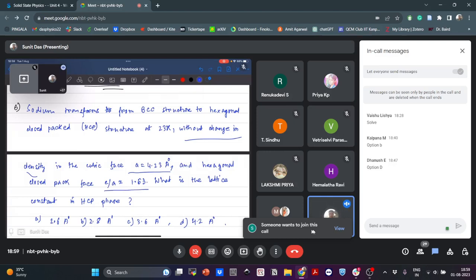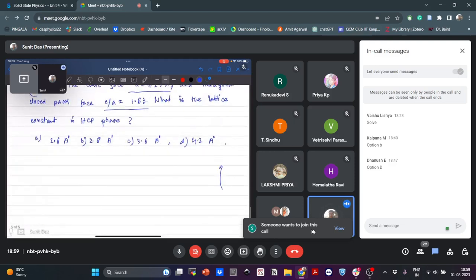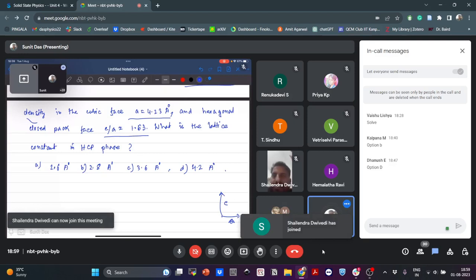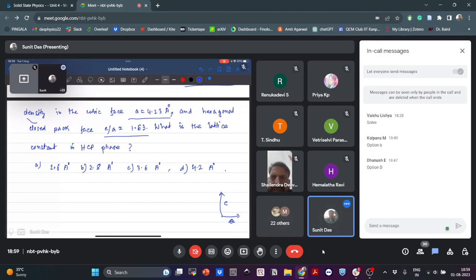What is c? c is this vertical dimension and a is this lateral or in-plane dimension. So that is the hexagonal close-packed structure. Now, what is the lattice constant in the HCP phase? That we need to find out. So please try this one. I think this is a nice problem. Finally, I'll try to solve.